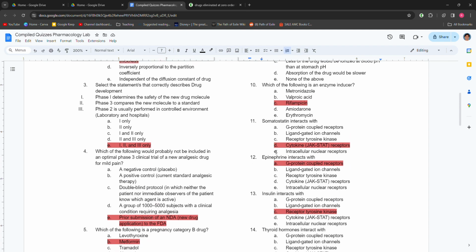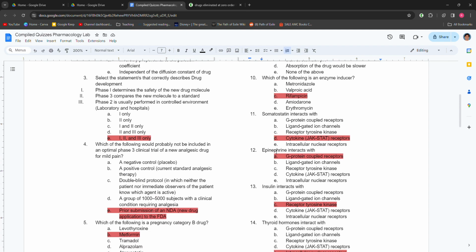Number 10, which of the following is an enzyme inducer? The answer there is rifampicin, meaning if you give rifampicin to a patient, the CYP450 enzyme system will increase in amount and activity, and that will make the elimination of drugs and other substances by these enzymes quicker.